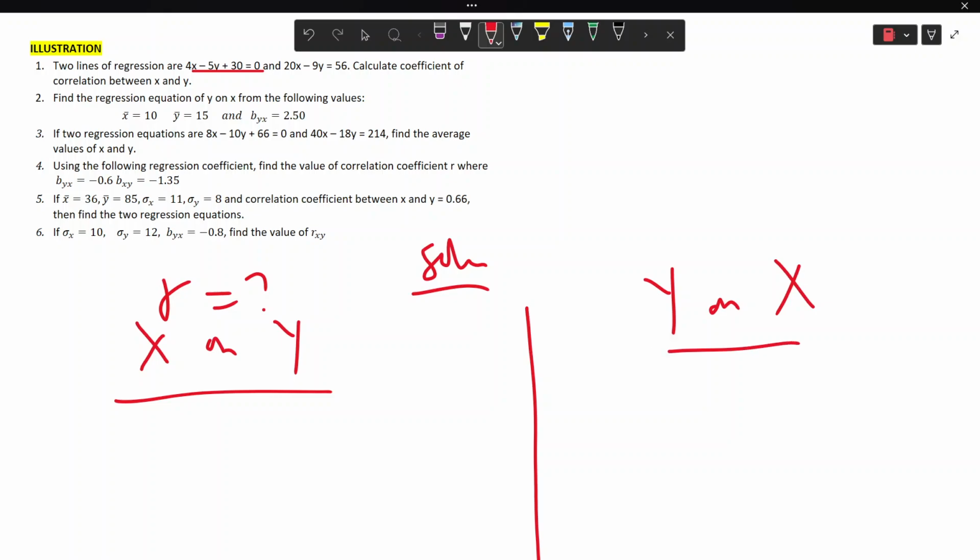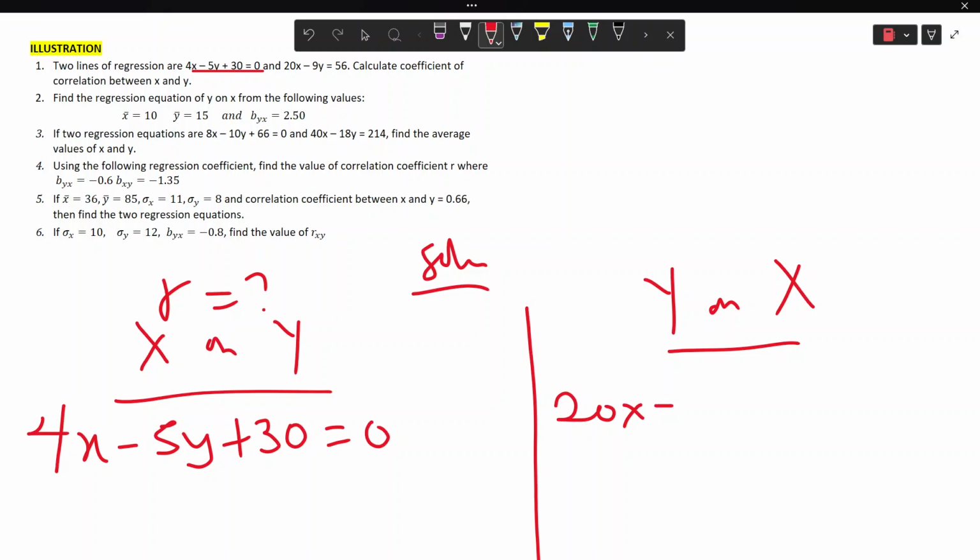x. So with the first equation, we have 4x minus 5y plus 30 is equal to 0. Then the second equation, 20x minus 9y is equal to 56.